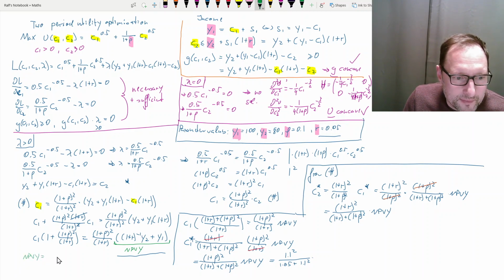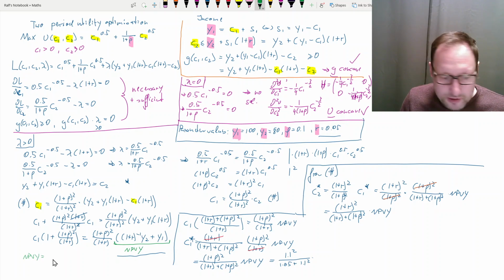NPV y, given our values, is 100, which is y1, plus y2, which is 80, times (1+r)⁻¹, 1.05 to the negative 1. When you calculate that, what you get here is 176.1905.